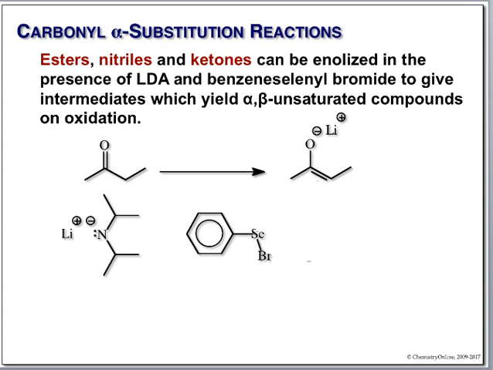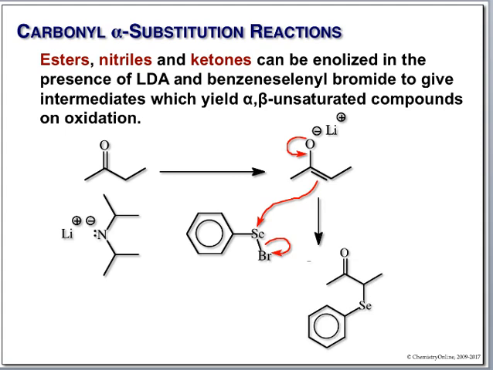In this particular reaction, next we're going to react this with benzeneselenenyl bromide, this stuff. The selenium can undergo an SN2 attack by the enolate anion here. Bromine leaves, and we get this selenium atom.